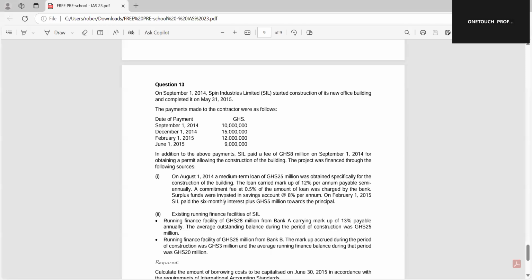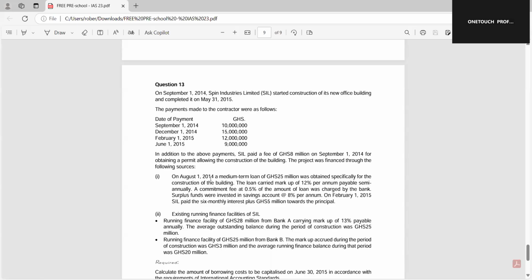At a glance, let's see when funds were available for investment. We are looking at the specific borrowing. You got the specific borrowing on 1st August, right? Yeah. So the funds will be available for investment in the whole of August, true or false?